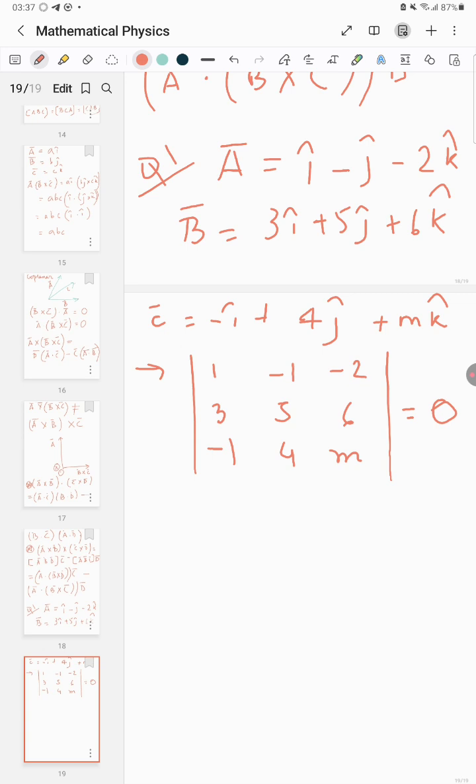So how do we solve it? We solve it in the easiest matrix solving way.